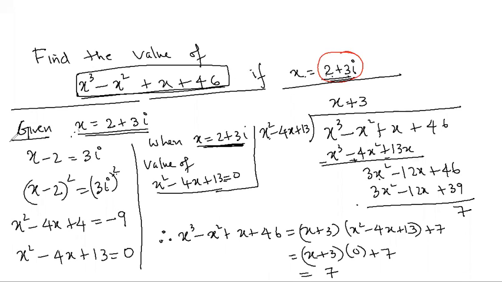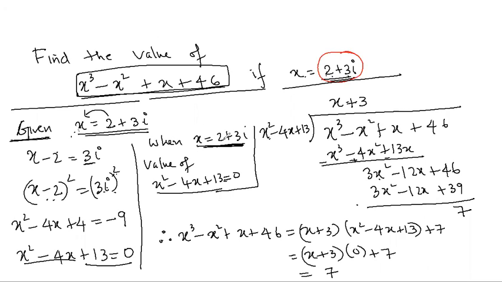We started with x equals 2 plus 3i, took the real part on one side and imaginary on the other side. Then we squared both and got a new expression. What does this new expression mean?